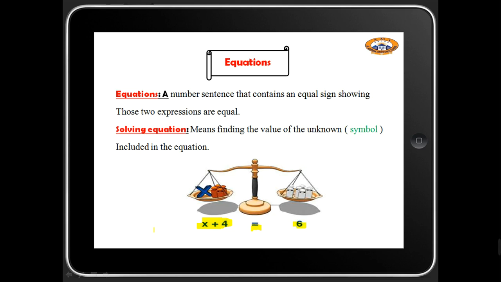But if we put x equal 2, so 2 plus 4 gives me 6. So the two parts of the equation are equal, so x equals 2 is the solution for this equation. This is so easy, but we need to take time to understand it.